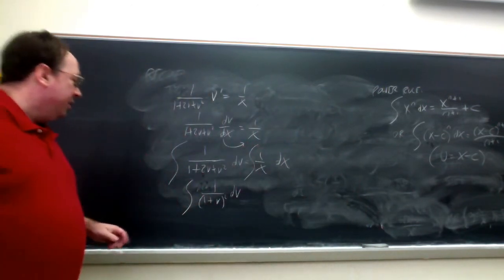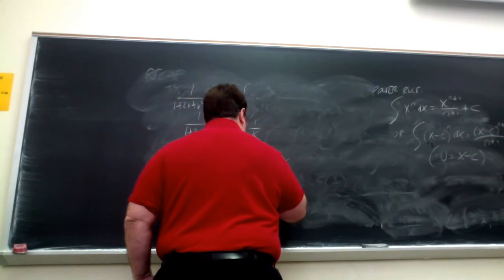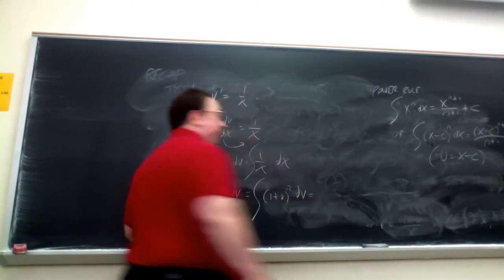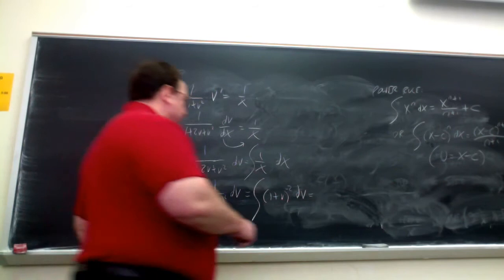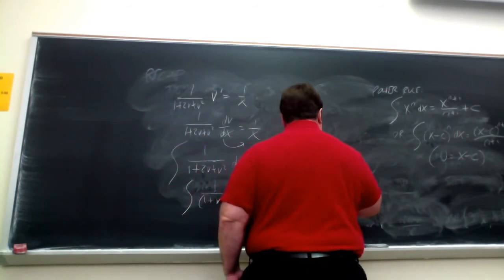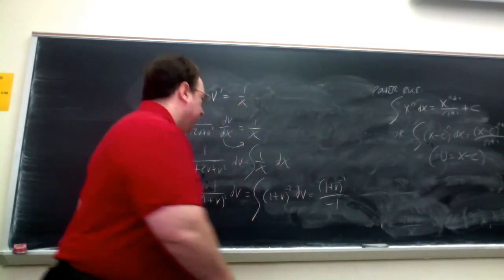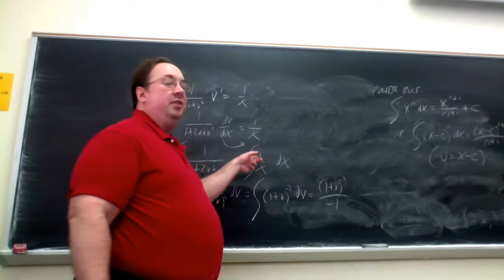Okay, so this can be rewritten as (1 plus v) to the minus 2 dv. So now you can go ahead and integrate, and what would you get? Yeah, because (1 plus v) to the minus 1 over minus 1. So that's power rule right there. And I'm actually not going to throw in a plus c just yet because I'm going to use it on the other side.